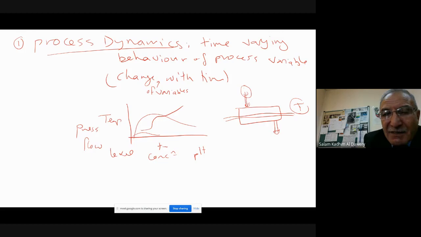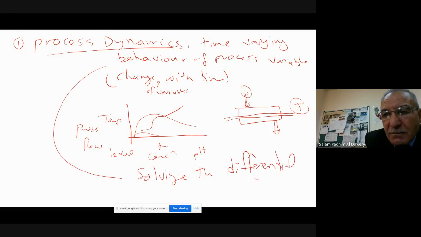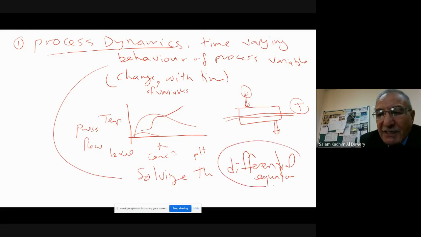The dynamics, this is change with time. It means solving the differential equation. So the differential equation is the process model. That's the basic thing.